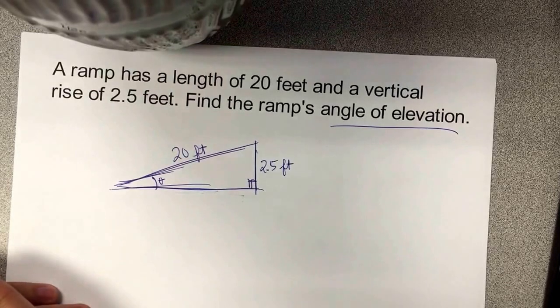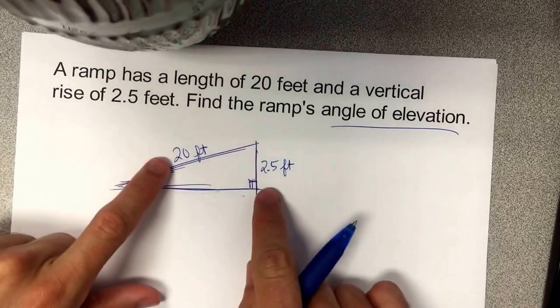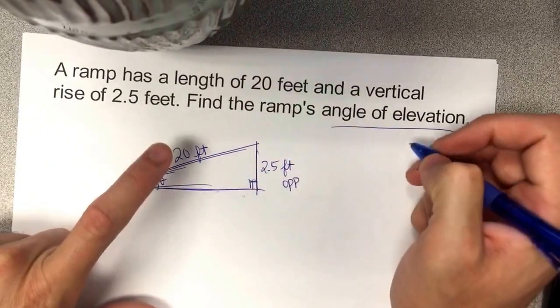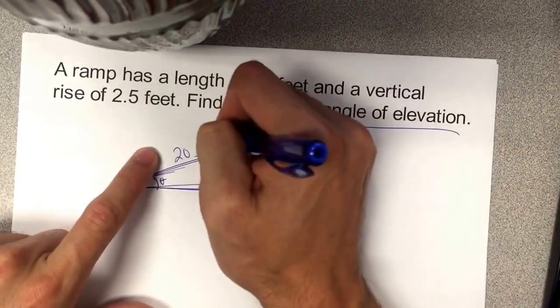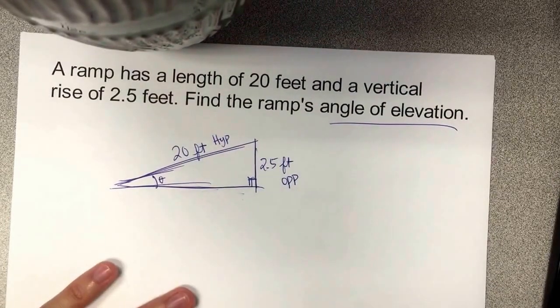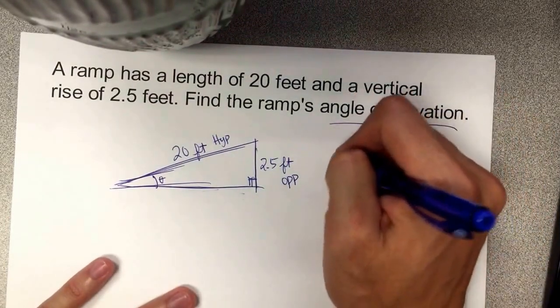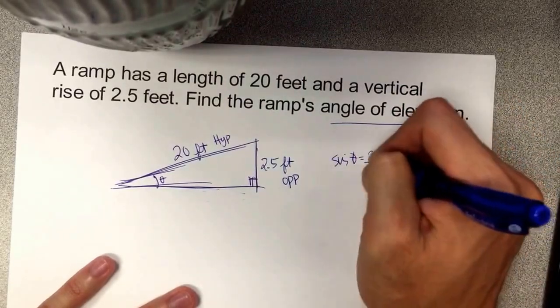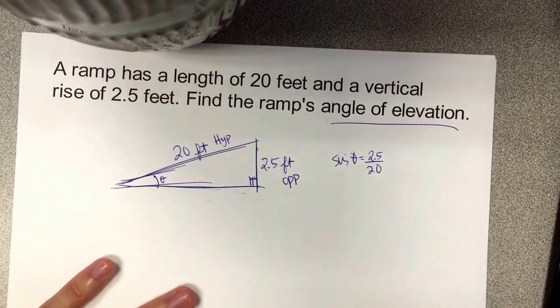And we're again going to use a trig ratio. So looking at the sides, 2.5 would be the opposite side. The 20 would be the hypotenuse. So this one again is going to lead us into using sine ratio. So we're going to go sine of theta equals opposite side over the hypotenuse. So 2.5 over 20.